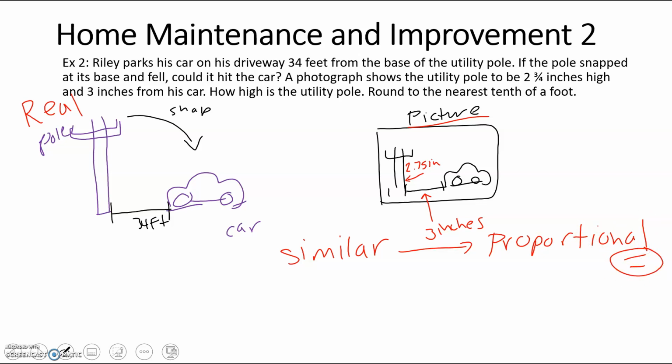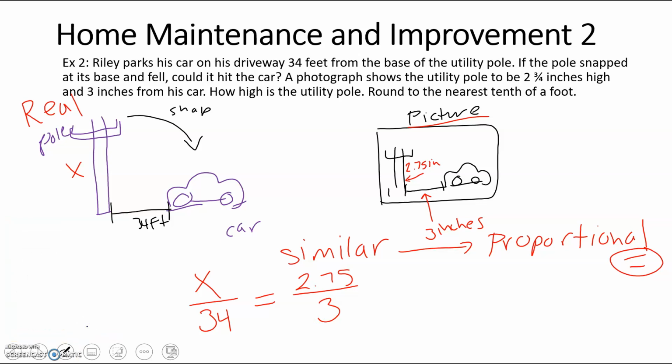So for the real one, let's do height of the pole to distance. We don't know the height of the pole. Let's call it x. So we have x over 34. In the picture, the height of the pole is 2.75 inches, and the distance from the car is 3 inches.